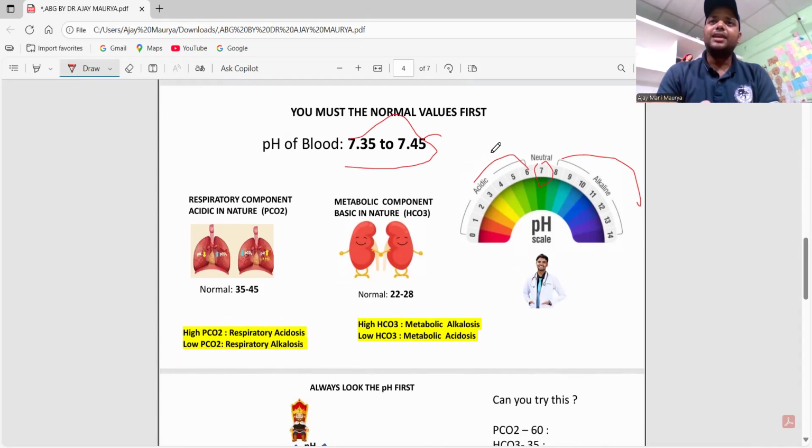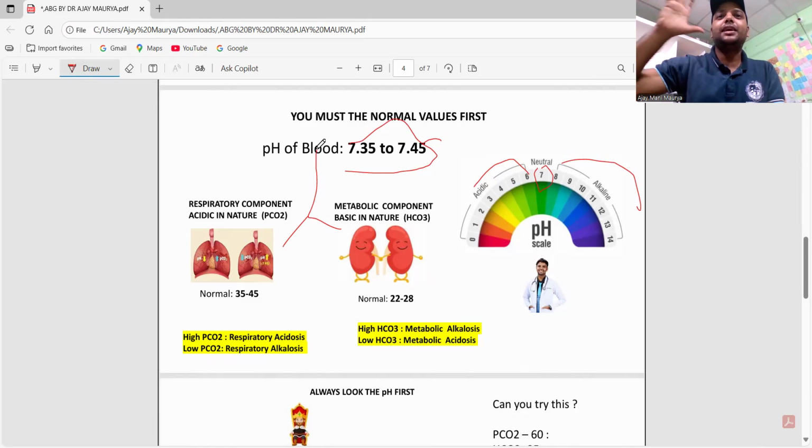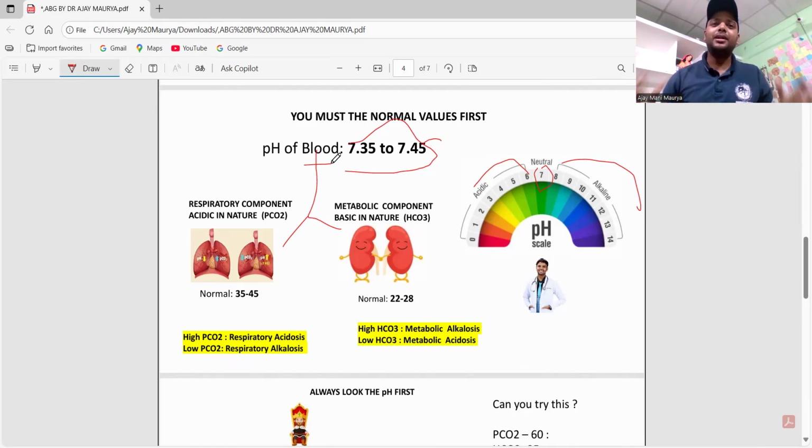And guys, in order to maintain this blood pH of 7.35 to 7.45, God has given this job to the lungs and the kidneys. The lungs and kidneys work like brothers in order to maintain the pH. Remember, they work hard to maintain it by compensation.